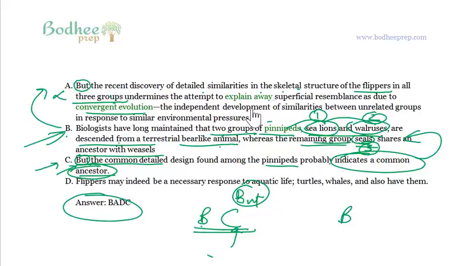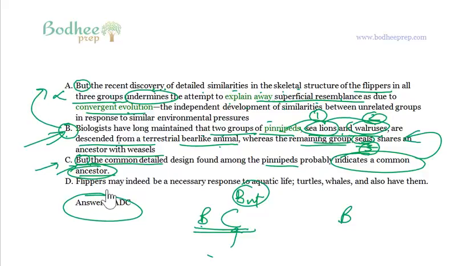It undermines something. So what is being undermined? The superficial resemblance. So B has the idea about three different groups, and A says, but the recent discovery of detailed similarities in the skeletal structure of the three groups undermines the attempt to explain away superficial resemblances as due to convergent evolution.